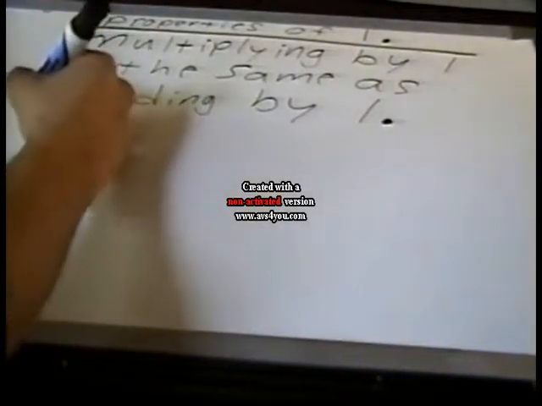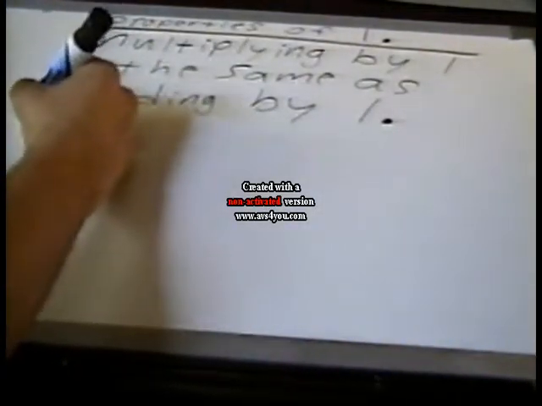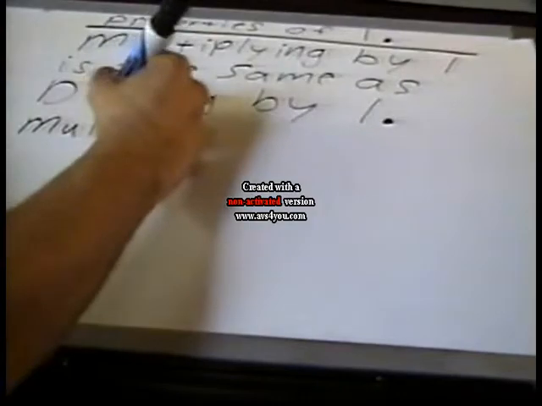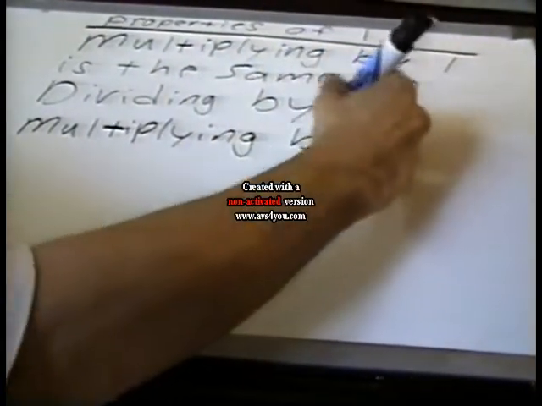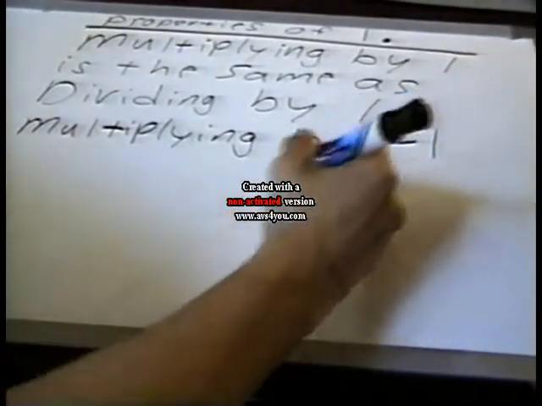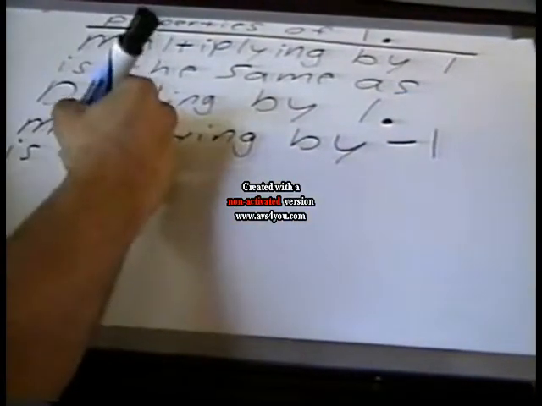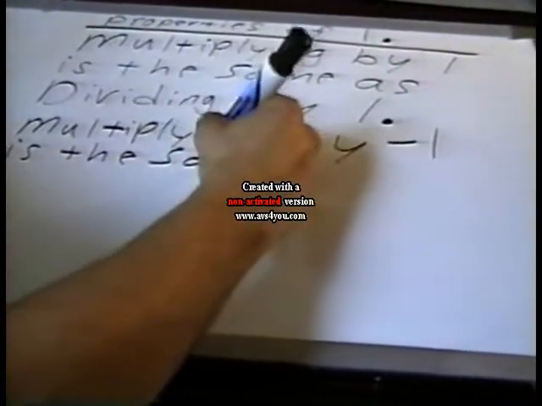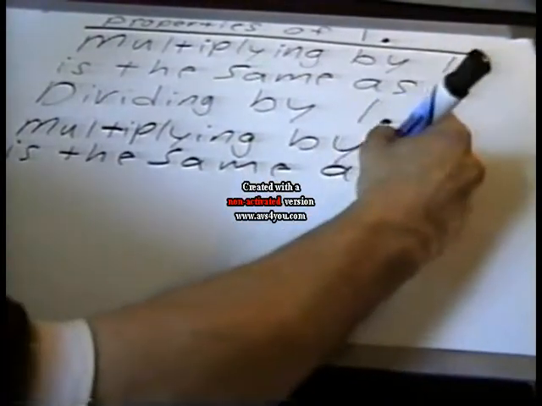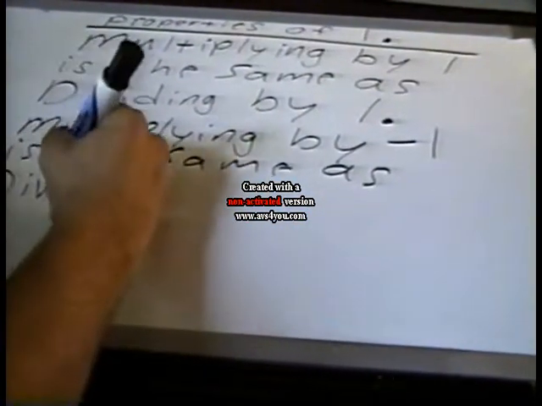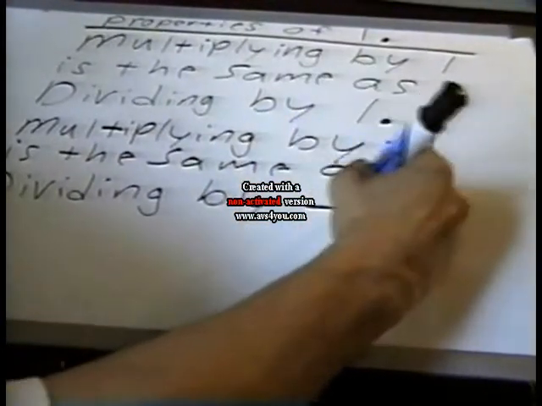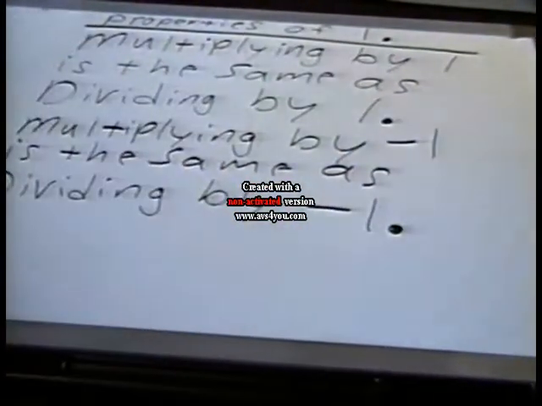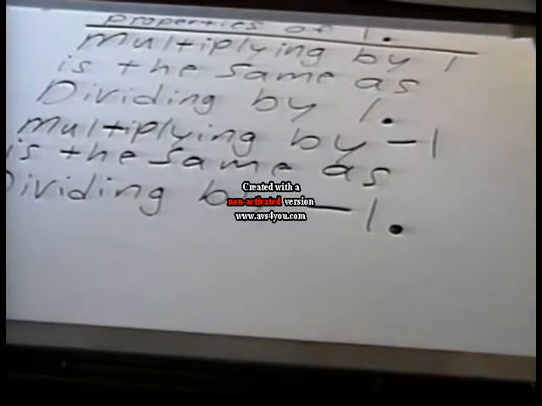So that's going to become a over 1 equals b minus c over 1 times negative 1, which we know gives you a negative 1. Now, dividing a number by negative 1 is the same as multiplying it by negative 1. It does the same thing.